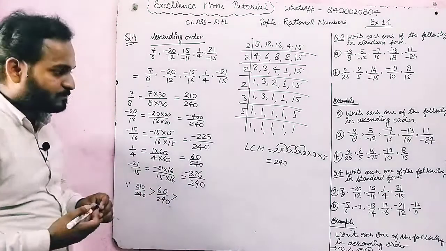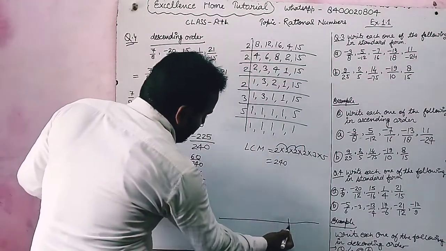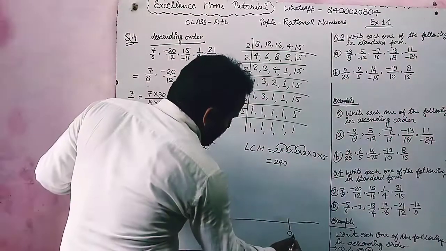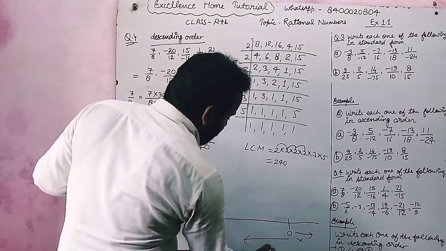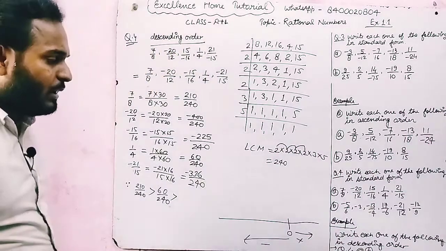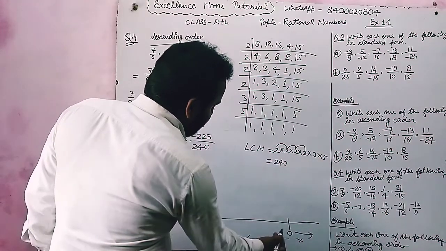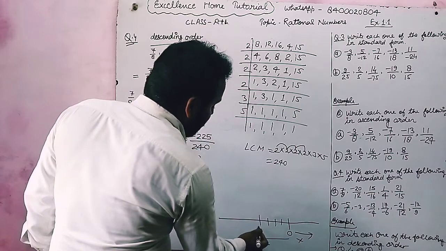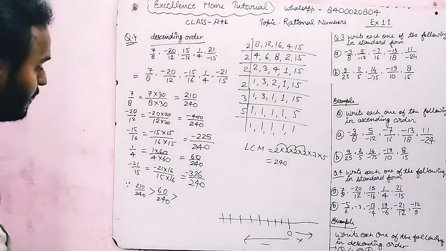After that, in the number line, we have observed that the right side of 0 is all positive and the negative numbers are on the left side of 0. When we move from 0 to the left side, their values are in decreasing order.